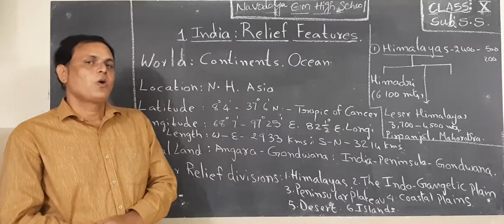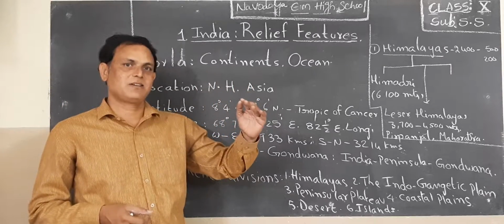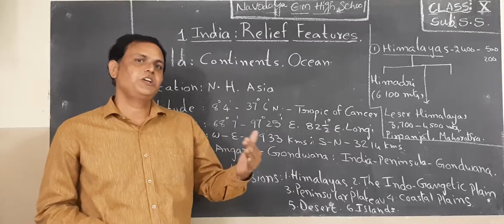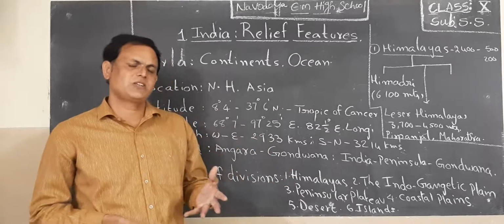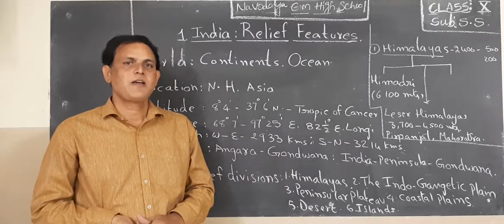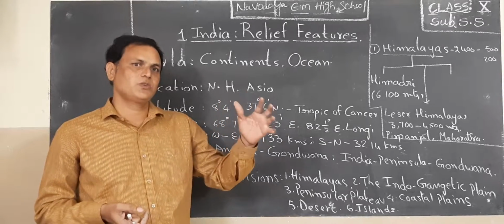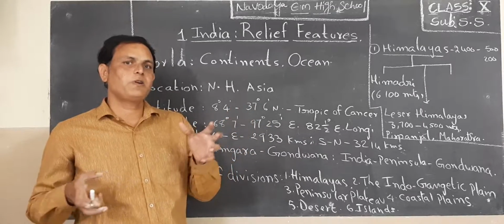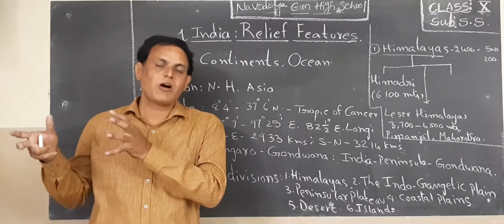Next, children, what are the longitudinal extent and latitudinal extent of our India? We know how many latitudes and longitudes are there upon the globe. Actually, these are imaginary lines, but latitudes and longitudes are very important to locate a particular country, a particular state, or a particular continent.